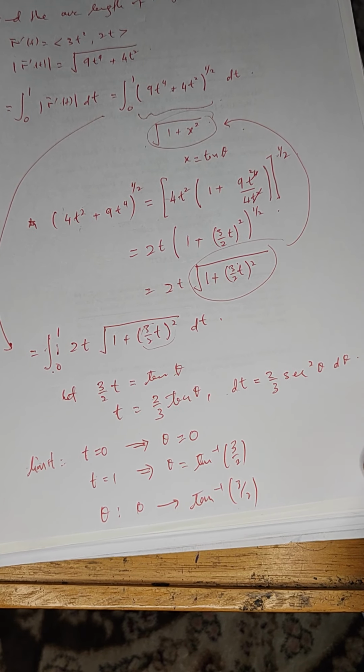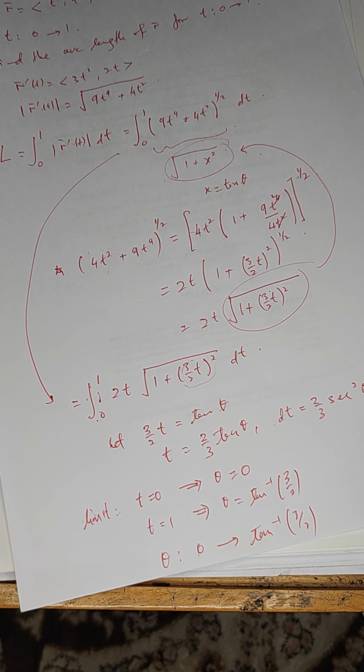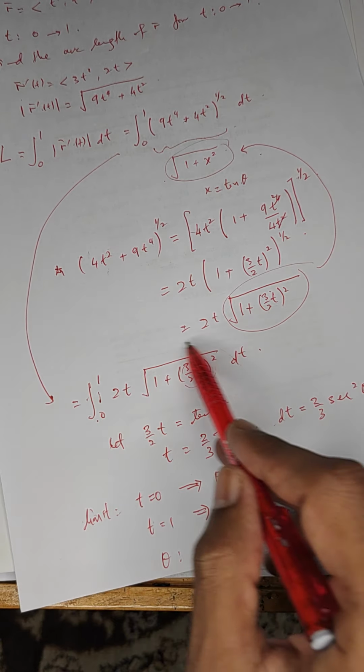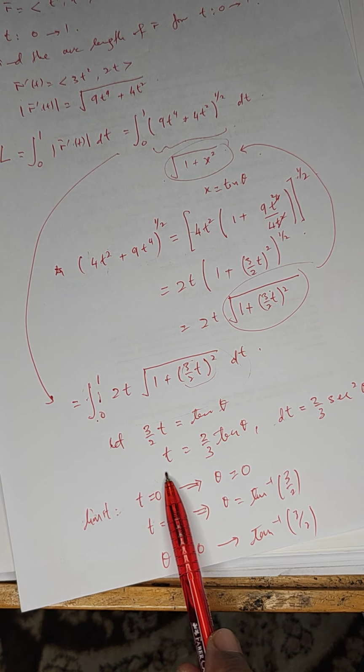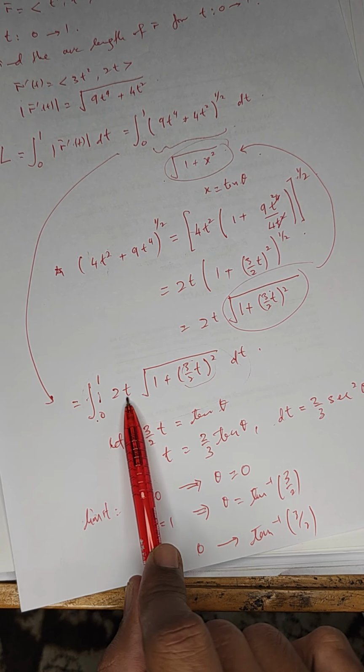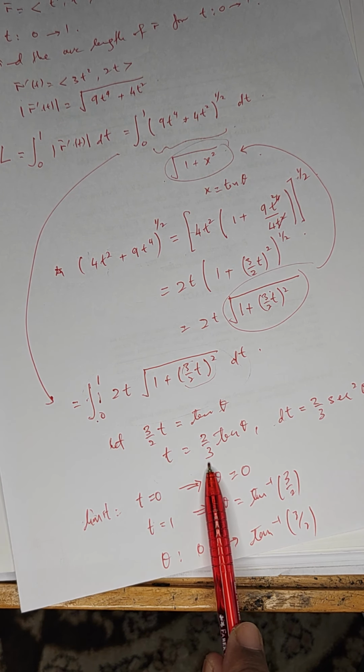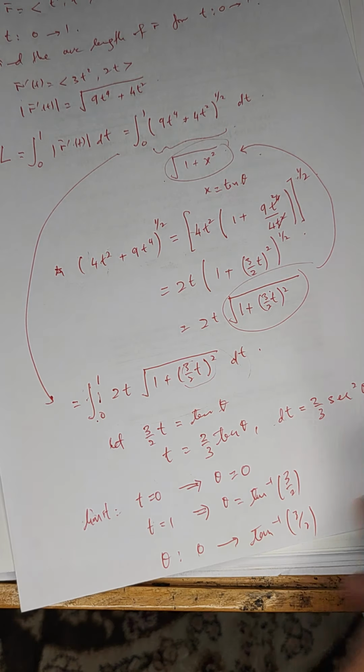Okay, so now substitute into that. If you have 2t here, t is that, which means we have 4 over 3 tangent theta. So let's write those things.